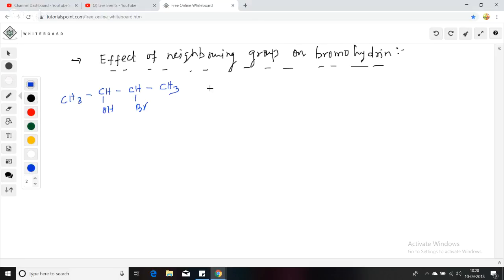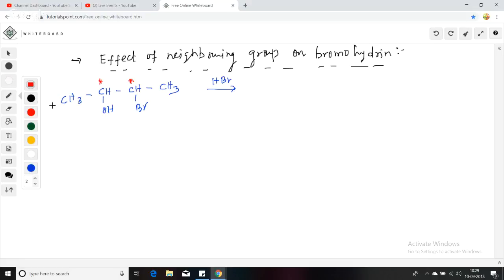Now, one very important thing you can understand here: in bromohydrin, we have two chiral carbons. One chiral carbon is this, another one is this. So it can show isomerism, a number of isomers, and there are many things possible in this.